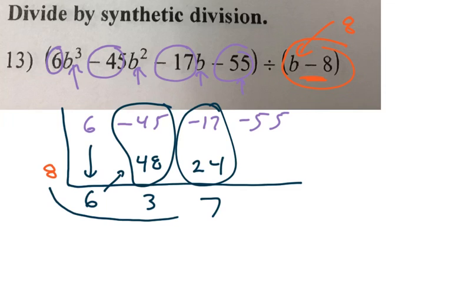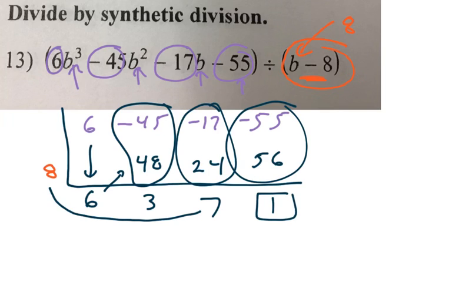We do it one more time. 8 times 7, 56. Right here, 56 minus 55 is 1. That 1 is our remainder. And if your teacher hasn't shown you this, guys, I refer to these numbers here as the guts of the problem. And since we took a b cubed and divided by a b, what's b cubed divided by b?